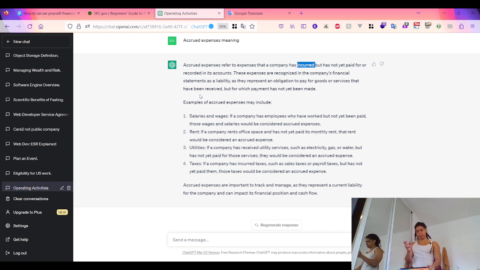This expense represents obligations that a company has to pay for goods or services that have been received or consumed, such as salary and wages, rent, utilities, and taxes.